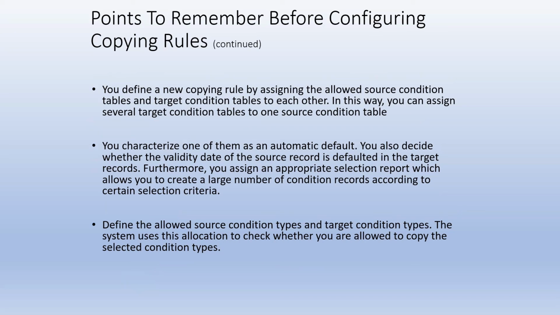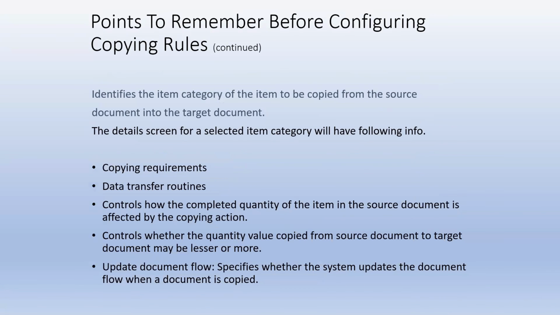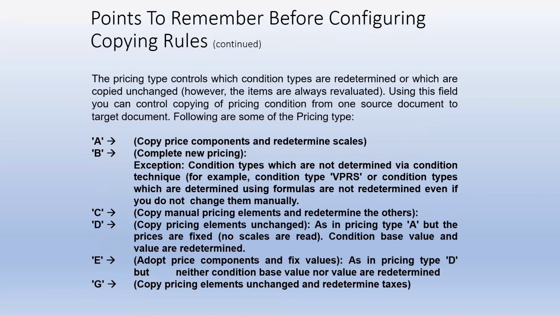You can read through what we were configuring: target document, source, copying requirement, transfer routines. All this I have shown you directly in the system, and the pricing types too.